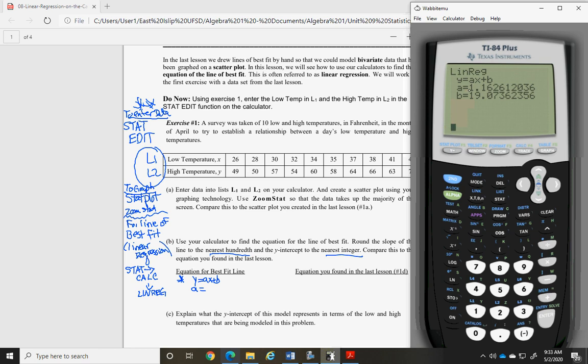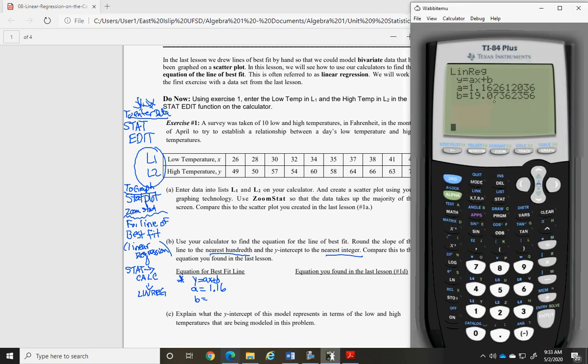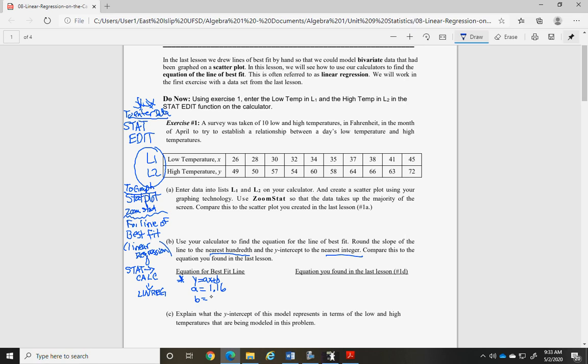So a, the slope to the nearest hundredth, would be 1.16. b is the y-intercept. It says to the nearest integer, so that would be about 19. And now I fill in the numbers, and my answer is y equals 1.16x plus 19. This is my equation for the line of best fit that I got from my calculator.